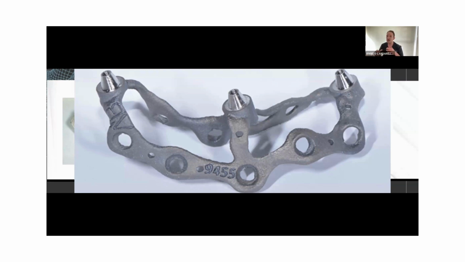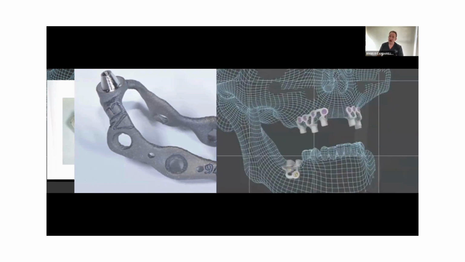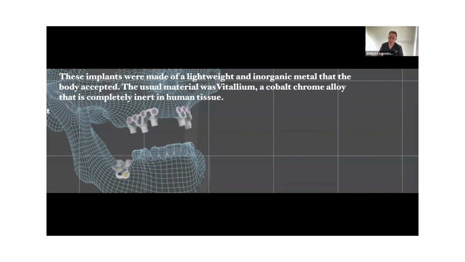Why? Because we can reduce the micro movement and we can avoid the cementation, and avoiding the cementum, we can reduce the risk of the infection, mucositis and periimplantitis. So we can increase the successful rate of our implant. This is one of the differences.